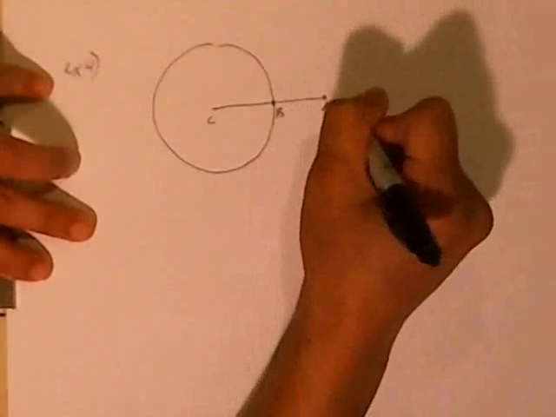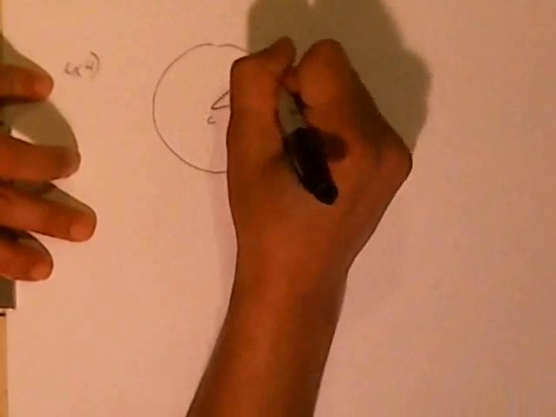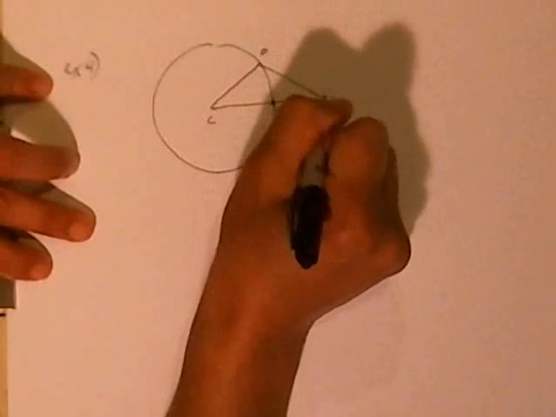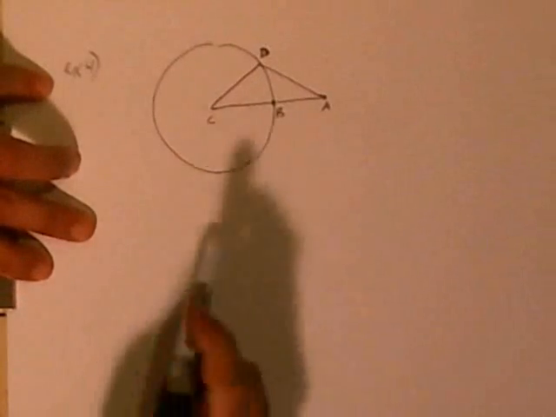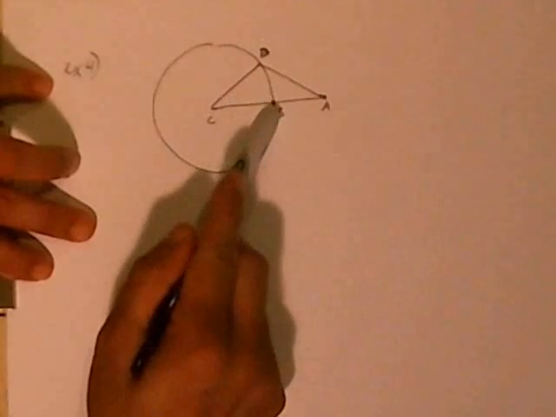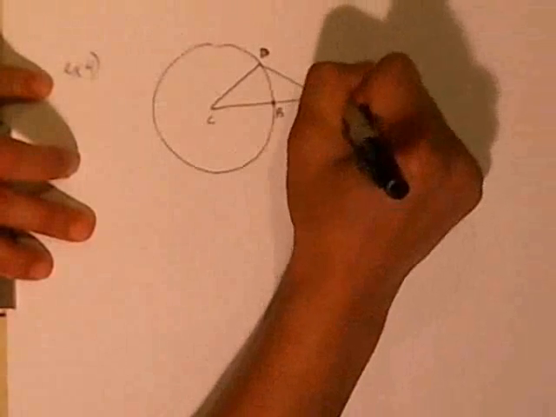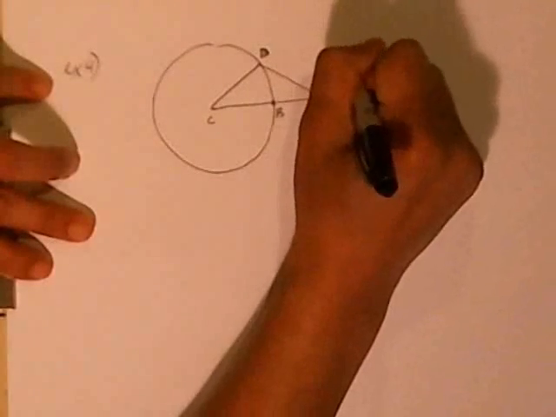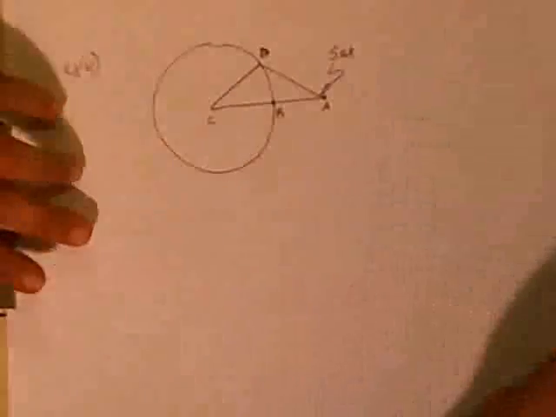That's a satellite, and this is point D. Should have made this a little bit bigger. So C is the center, B is at the edge of the Earth, A is where the satellite is, and D is at a different point.